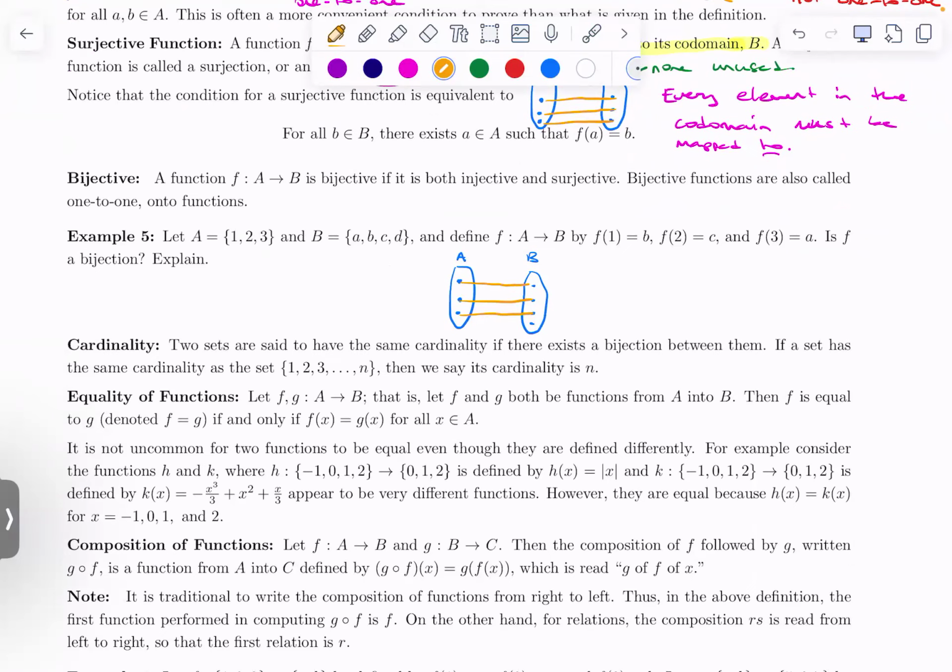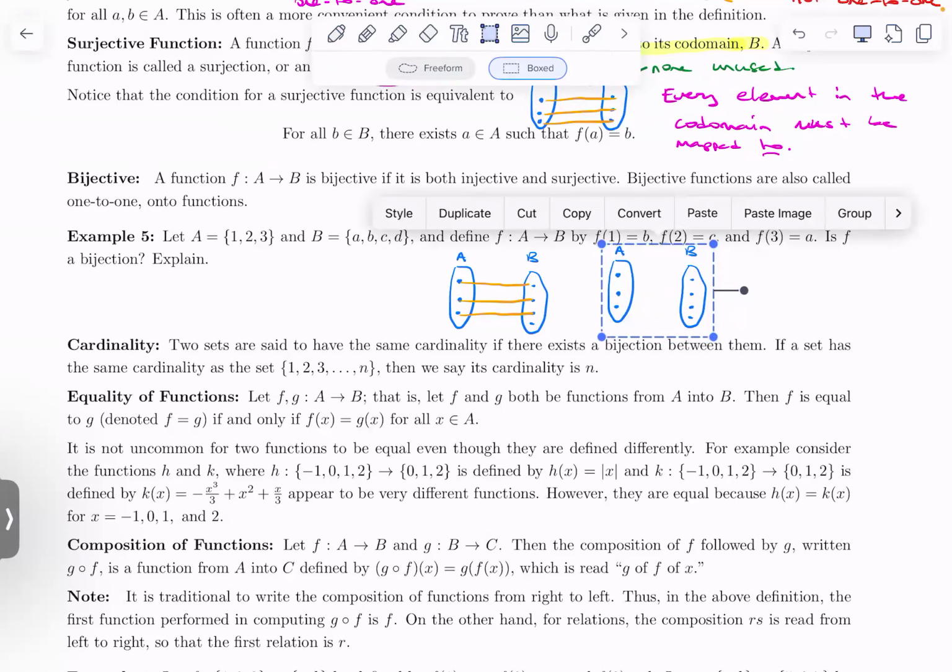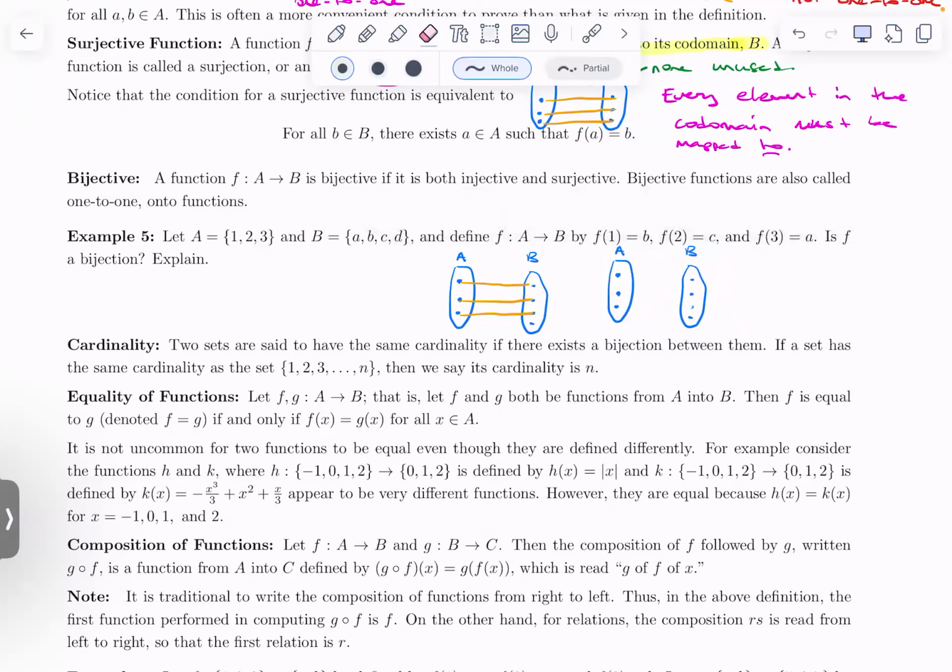I cannot. What would need to be true? Or how about less dots on B? Let's do this. I can have A goes to this one, or first one, this one, and then maybe that one goes there.